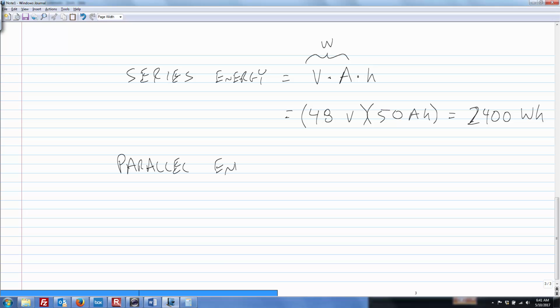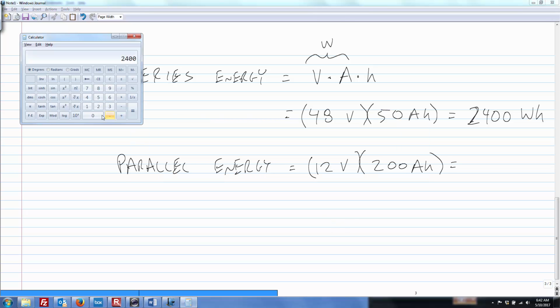Energy equals 12 volts times 200 amp hours equals, and I think we get the same number. Let's just take a look. 12 times 200 equals, there we go, 2400 watt hours.